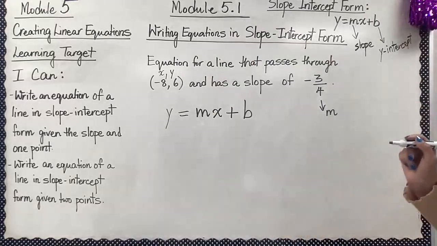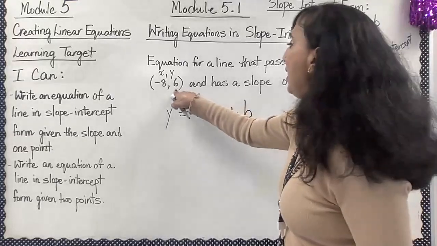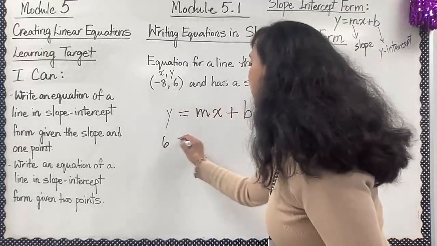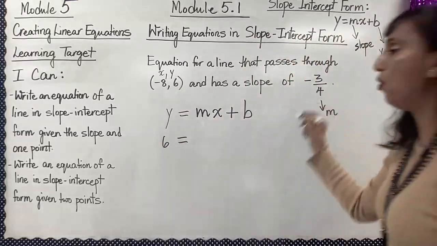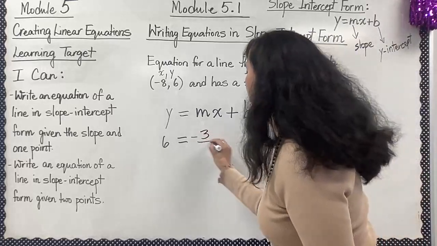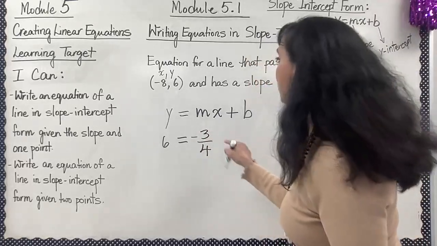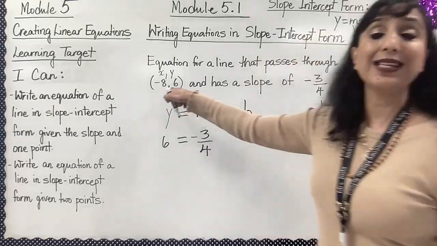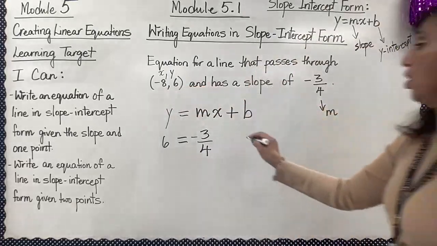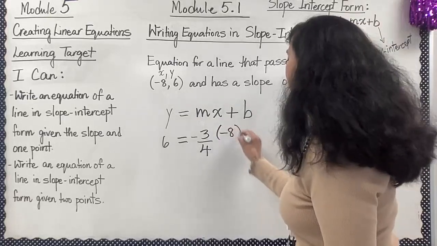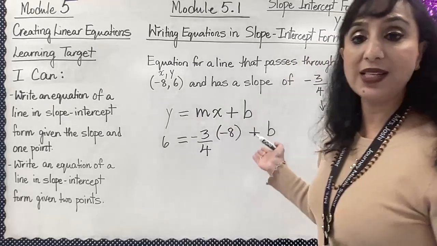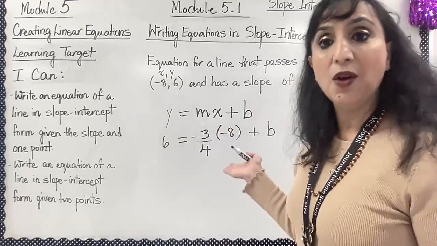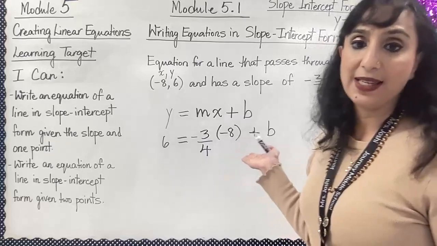What did we say y was? Y is 6. So 6 is equal to, my slope is negative 3/4, negative 3/4 times, what is x? X is negative 8. So times negative 8 plus b. Now I am solving for b, which is the y-intercept.